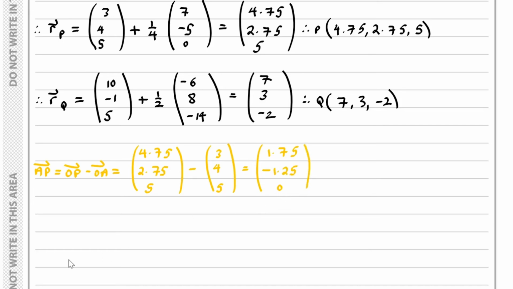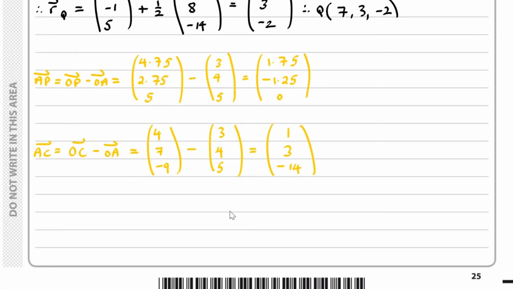Okay? And AC is equal to OC minus OA. So we have (4, 7, minus 9) minus (3, 4, 5). Working this out, we end up with 1, 3, minus 14.